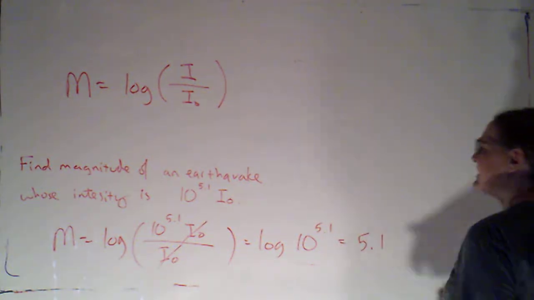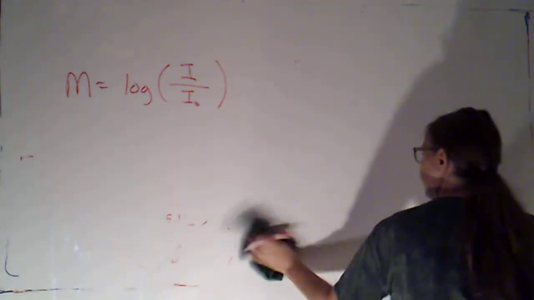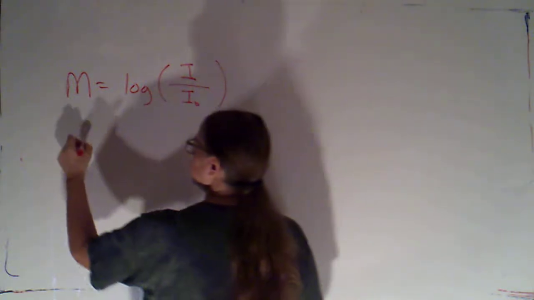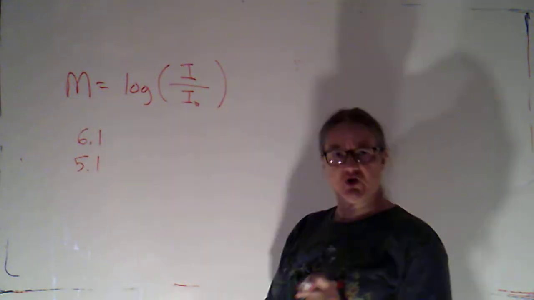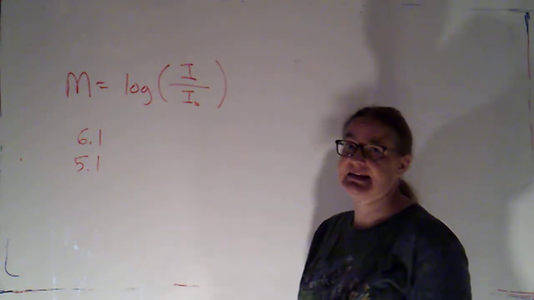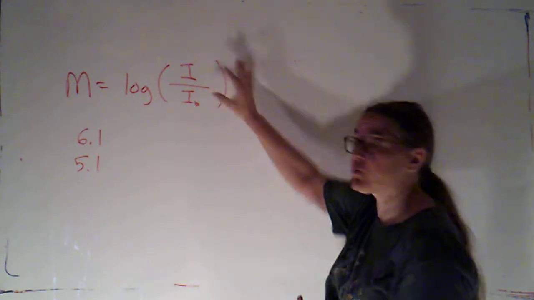So let's say this earthquake had a magnitude of 5.1. What if I had a magnitude of 6.1? Those numbers don't seem super far apart, but if I wanted to compare the intensity of those, you're just looking at this ratio.